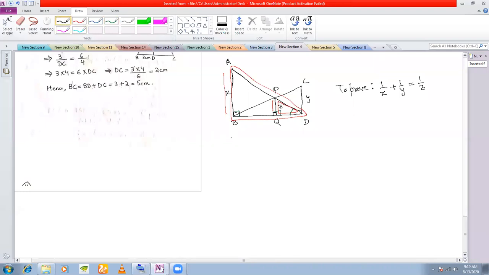In this case, the proportional sides that you are going to get are PQ by PB is equal to PD by PD is equal to QD by BD, right?